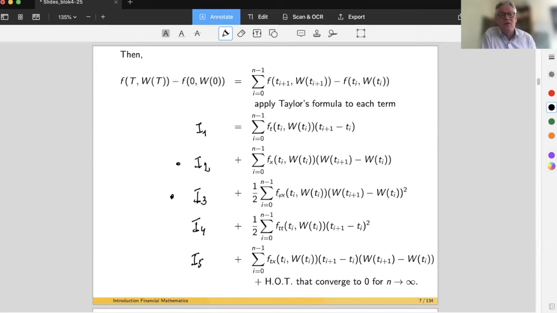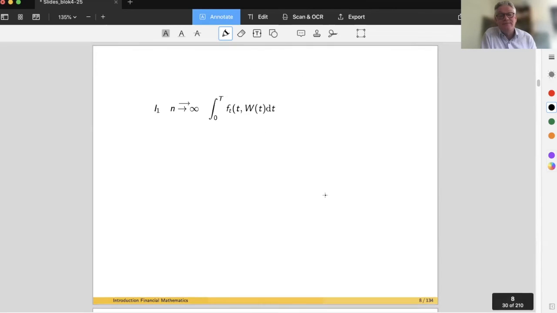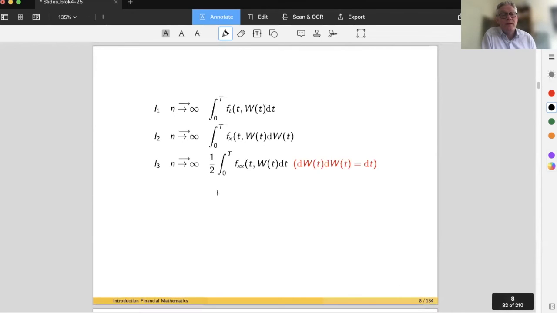Second derivative of f with respect to x times dt. And indeed, that's the case. With dw(t) squared being equal to dt, the third term for n to infinity will converge to 1/2 the integral from 0 to t of the second derivative of f with respect to x times dt.